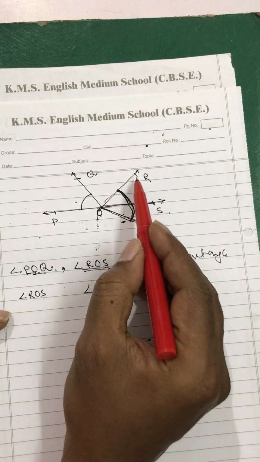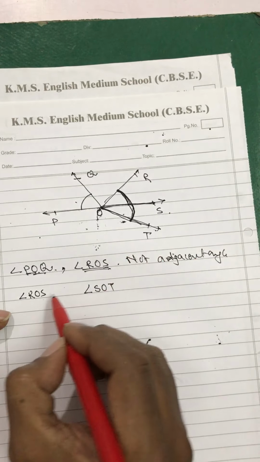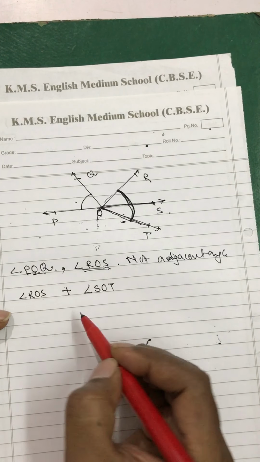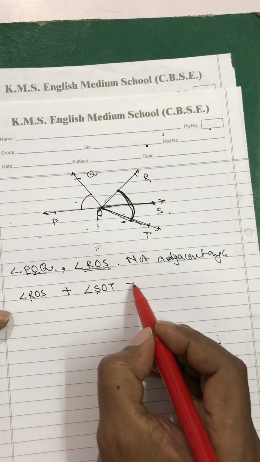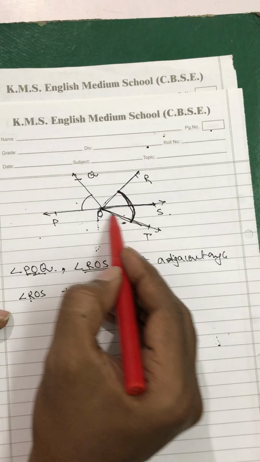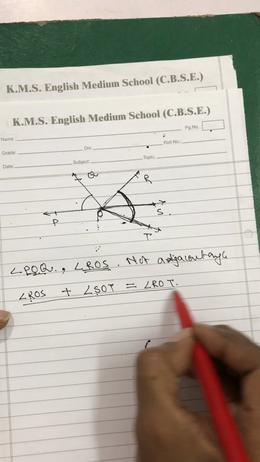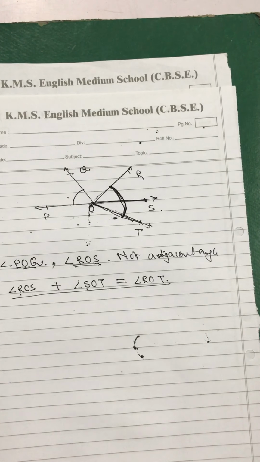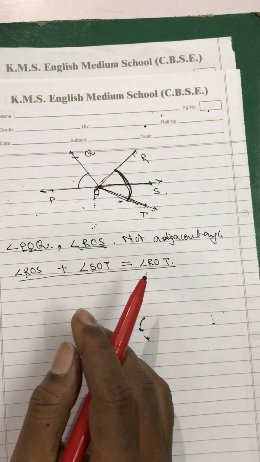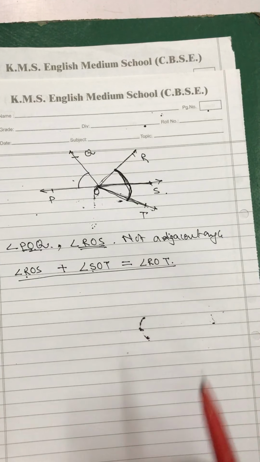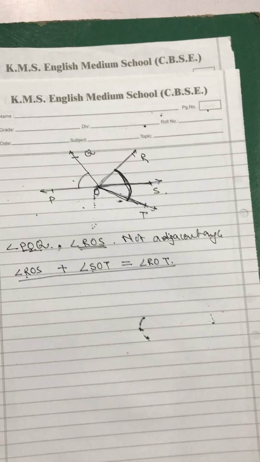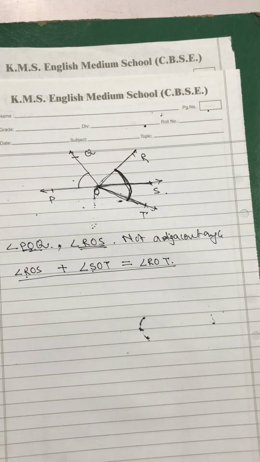This marking is of which angle? Angle ROT. That means I can use the adjacent angle property. Angle ROS plus angle SOT will be equal to the full angle ROT. This is the equation of adjacent angles over here. Now can I take one more thing? I require some other color for your understanding.